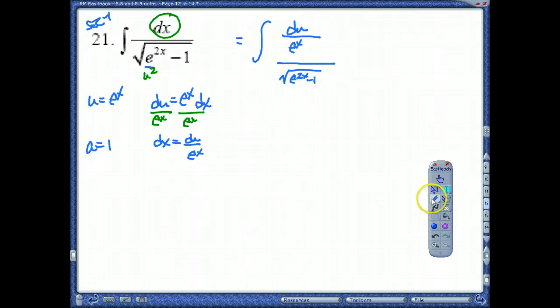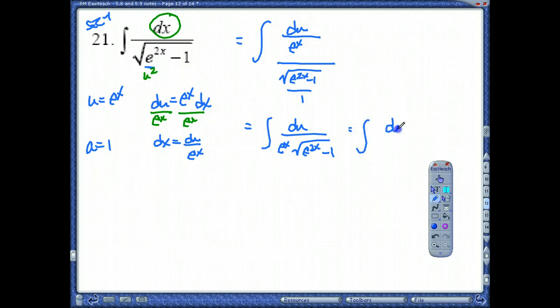Well, if I put that over 1, and flip and multiply, I'm going to end up with du over e to the x square root of e to the 2x minus 1. And remember, this is just du over u square root of u squared minus 1. So we have everything we need now.